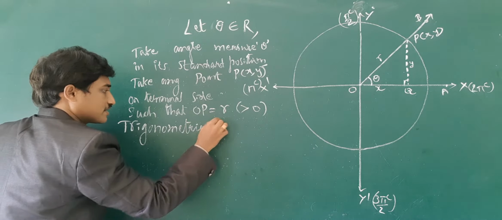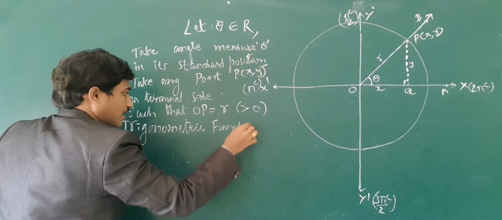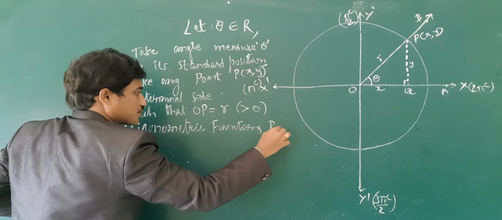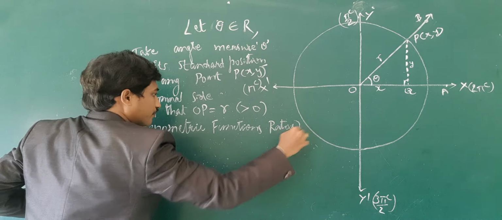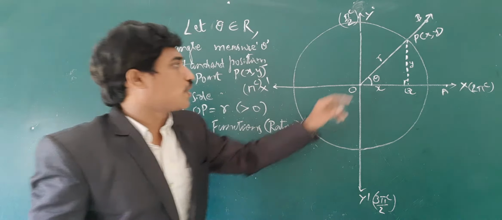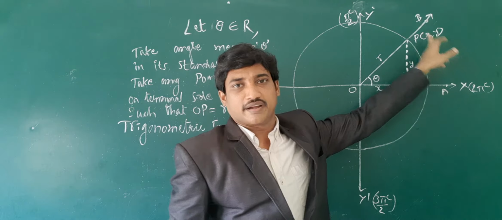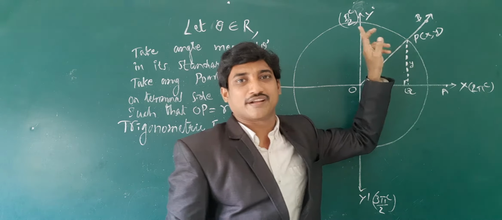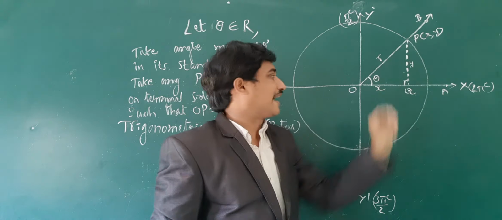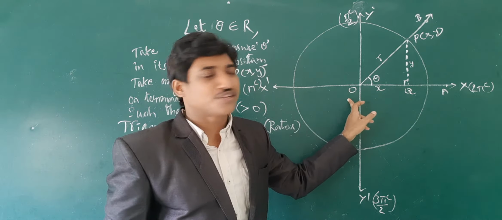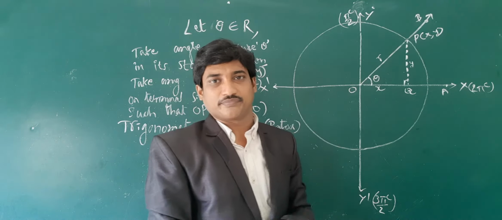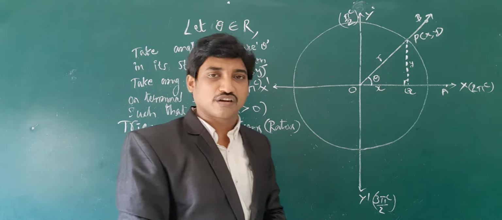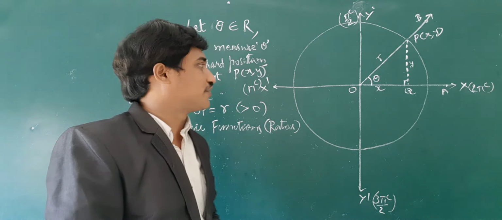Trigonometric functions are ratios. The ratio of the y coordinate of any point on the terminal side and the distance from the origin to that point is called the sine of that angle.